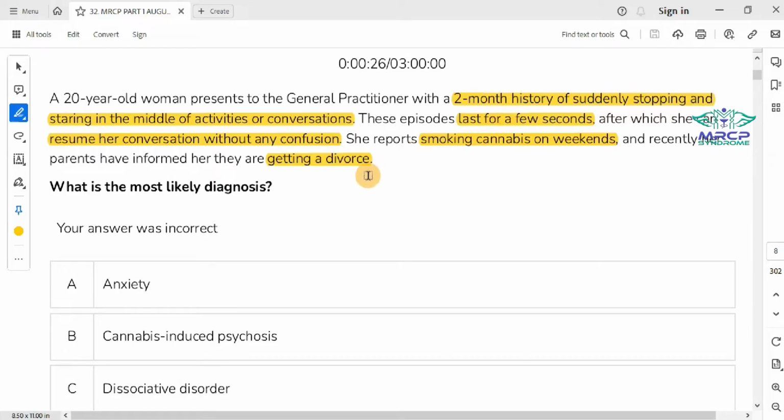And with respect to her cannabis use and stress related to the parents' divorce, they can contribute to psychiatric symptoms, but the specific description of the episode strongly points towards a neurological cause rather than a psychological one.